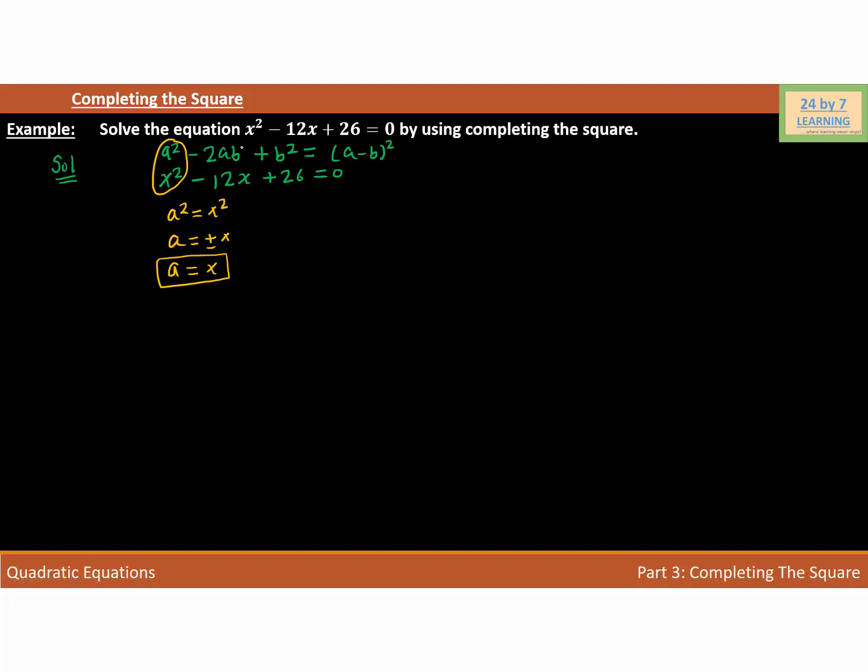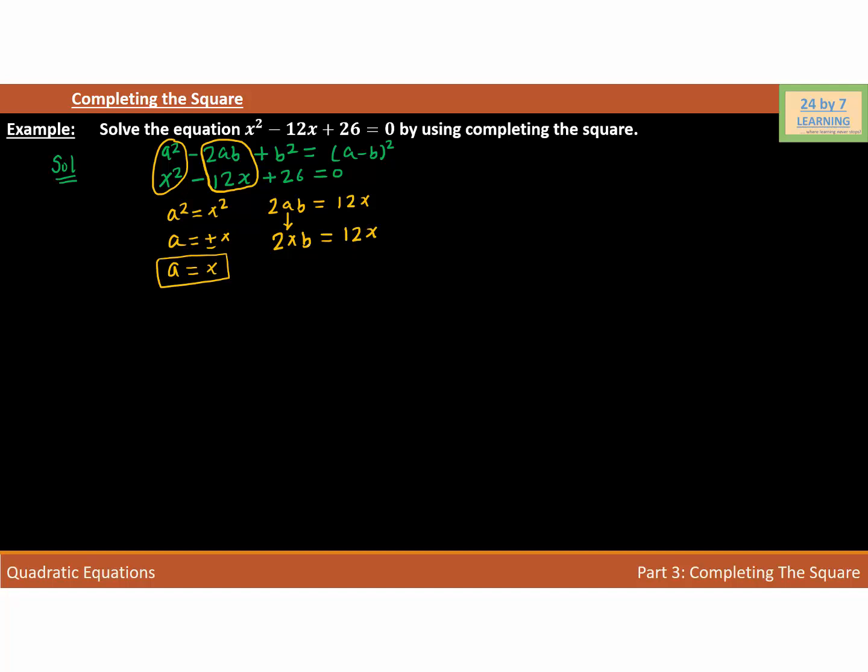Now let's compare the second term. If you look at the second term, you can see that my 2ab is basically equal to 12x. So I will write 2ab is equal to 12x. And if you remember, the value of a that we have from here is x. So I will write 2xb is equal to 12x.